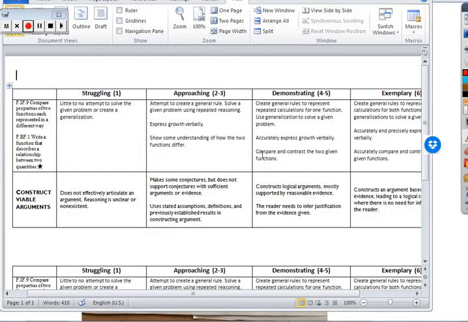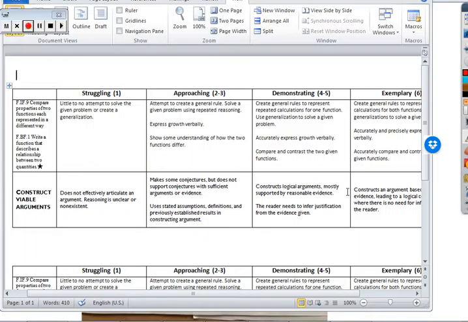And then the other way that you were assessed here was constructing viable arguments, which means really backing up your argument with good evidence. Okay, so you can see approaching is like you're making some conjectures, like, hey, Snooki's wrong, but you're not really showing why. You have the idea, but it's not backed up by anything.